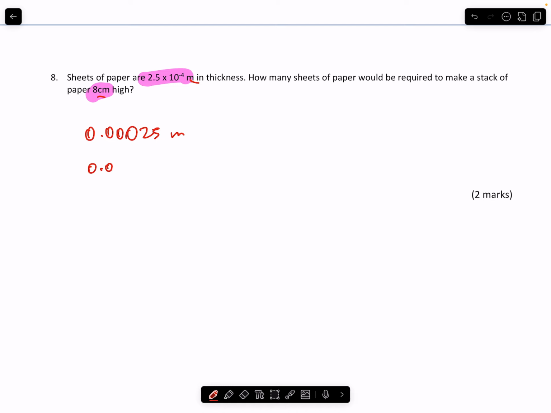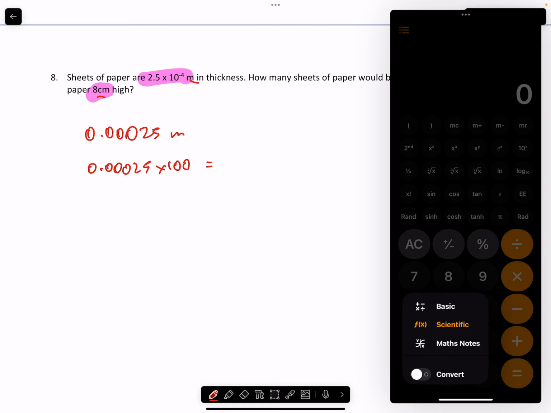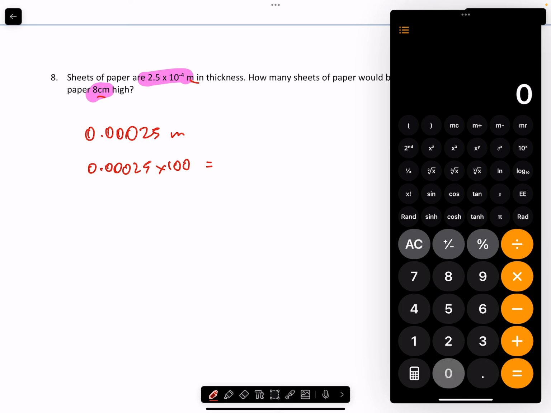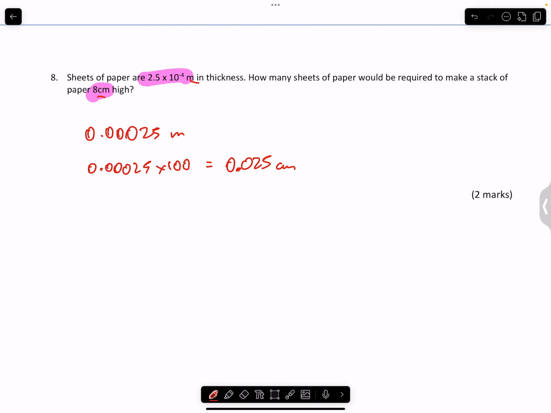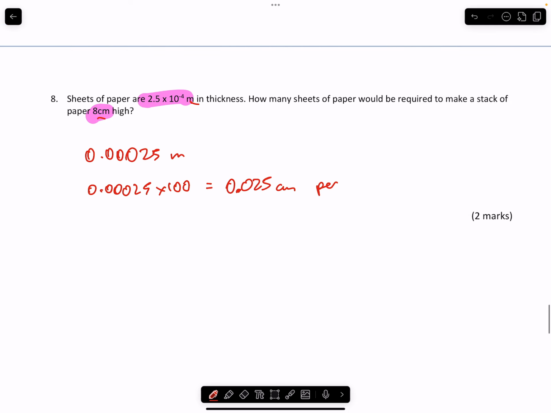So 0.00025 times 100 is equal to 0.025 centimeters per page thickness. And I want to stack 8 centimeters high.